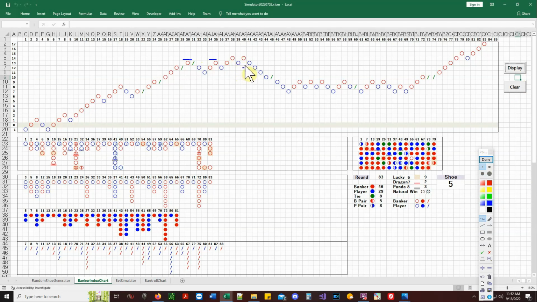You would have lost the unit right there. New resistance is established there. Okay? Here's a hook play. Support is established after that one right there. Bang. You would have lost that one.